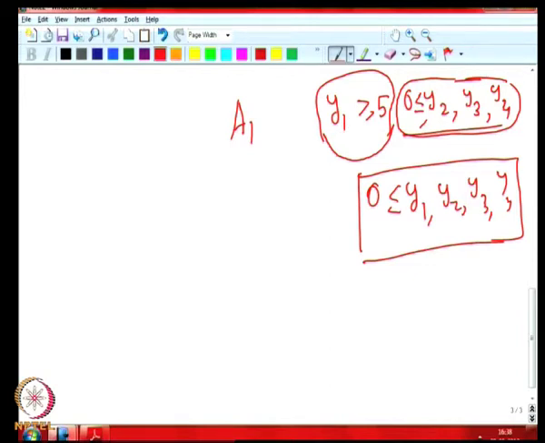How will we calculate that? That is easy, because we will define a new variable Z1, namely y1 minus 5.